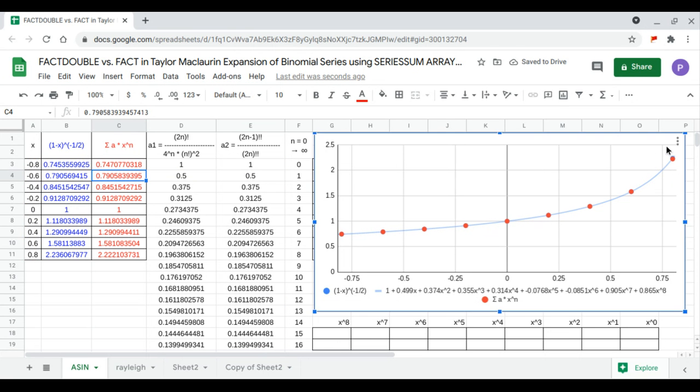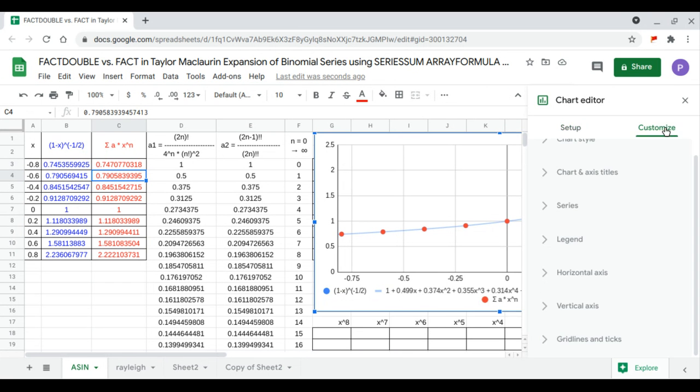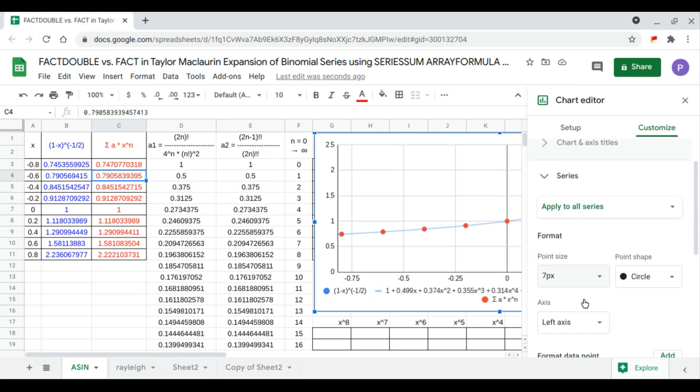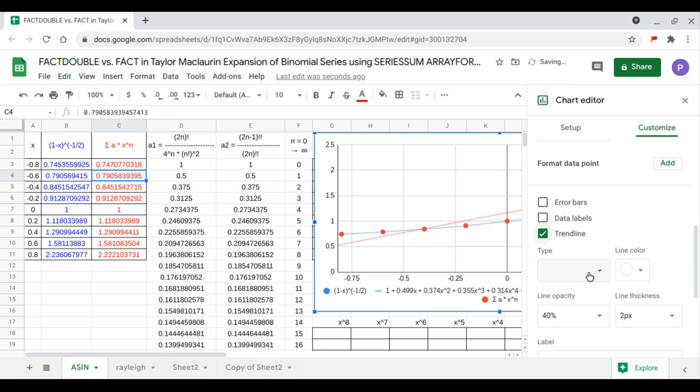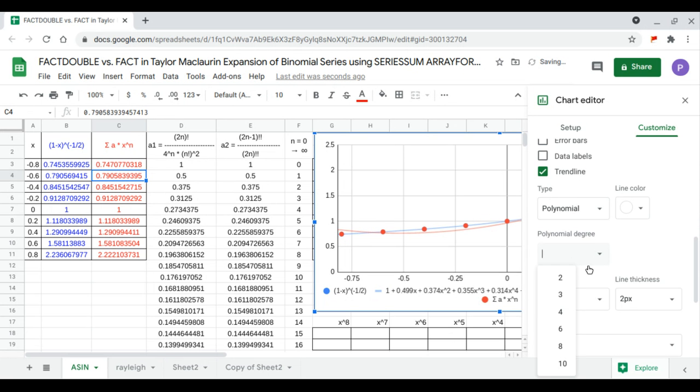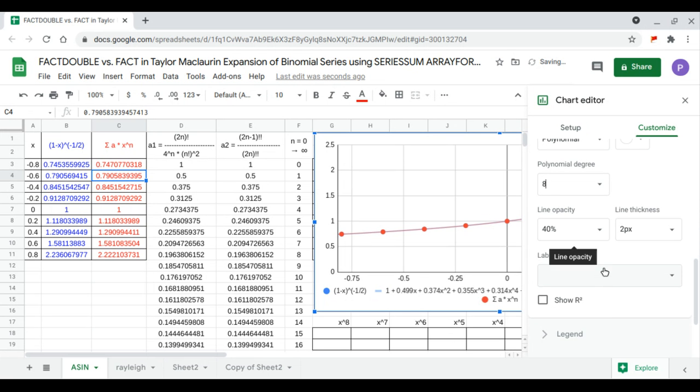And we show the equation. Edit chart, series, trend line, polynomial to the 8th degree. Use the equation as label.